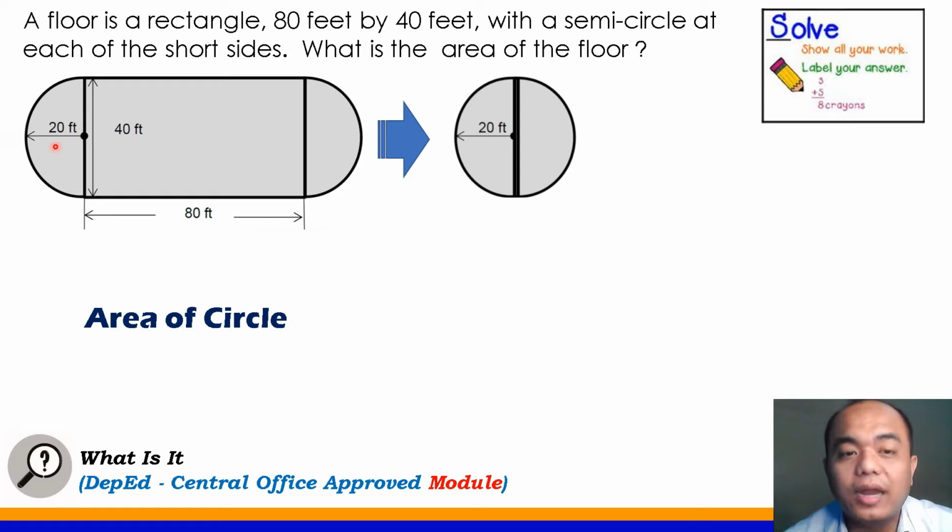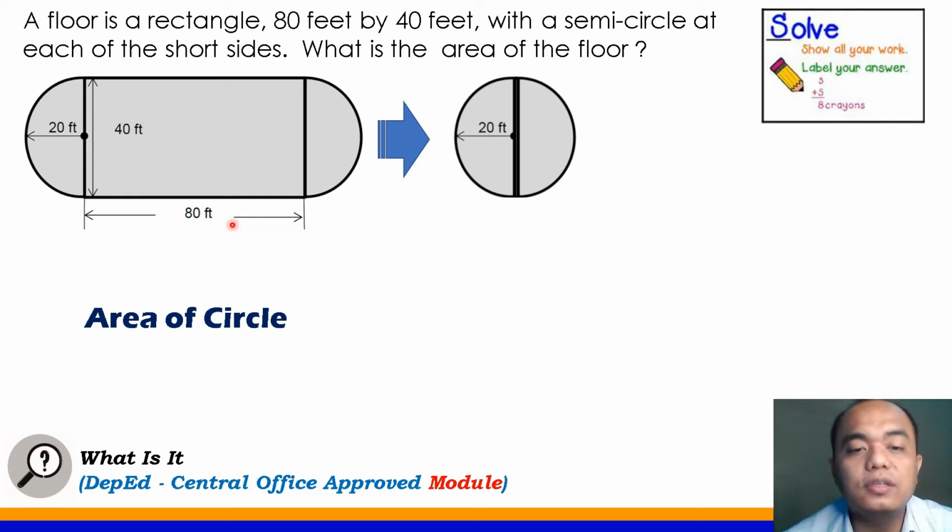Diba? So, kalahati ng 40 dito is 20. That's why, kahit hindi binigay sa ating problem yung 20, we can recognize, we can identify that our radius here for our circle is 20 feet talaga. Okay? Now, instead of solving this separately, we will solve this as one whole circle na lang para tipid din sa oras, no? Sa pag-solve.